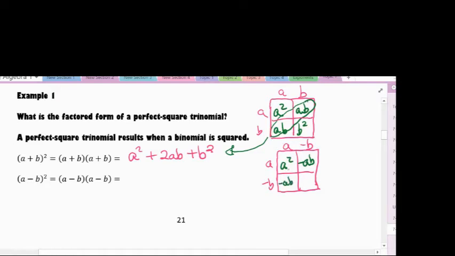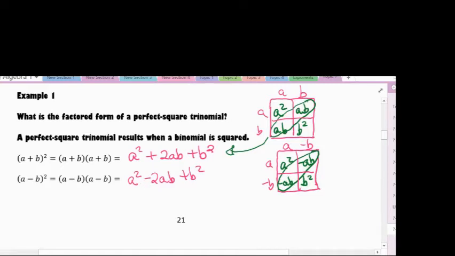And then negative b times negative b is a positive b squared. So notice when we rewrite that, we get a squared minus 2ab plus b squared. So the only difference between these two is the sign of the middle term. So you either have a positive or a negative.